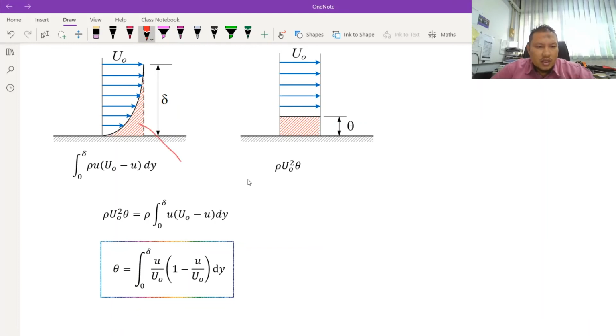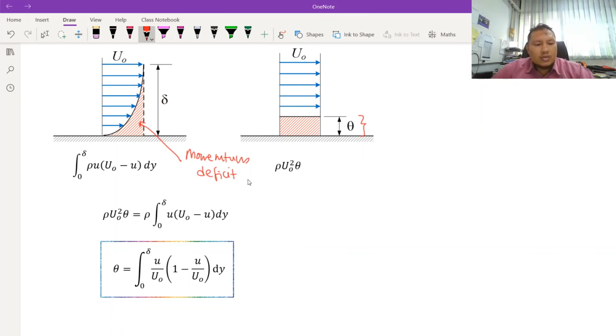Before, we said it was a mass deficit; now we have a momentum deficit. This amount of momentum deficit due to the boundary layer effects can be translated by replacing the boundary up to this height, in a similar way to the displacement thickness.